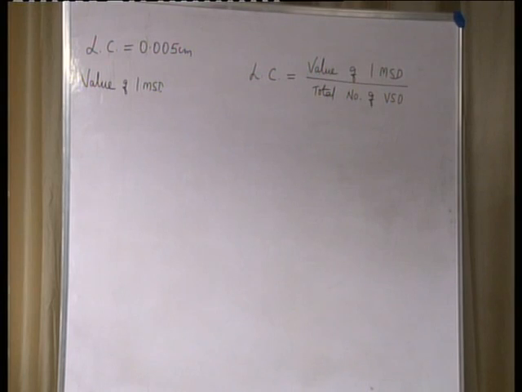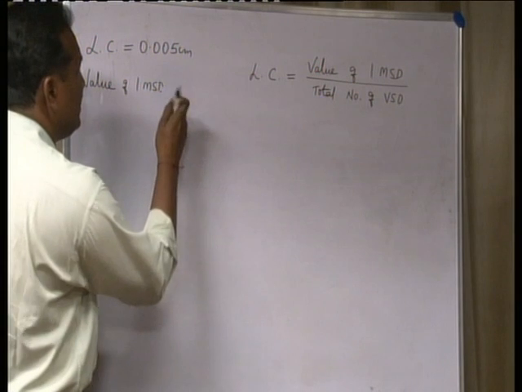You have to take 0.005 centimeter as the least count, where the main scale is divided in mm, so the value of 1 MSD is 1 mm. Compare this with the previous problem, where the main scale is divided in half mm, so there we took the value of 1 MSD as 0.5 mm. Here the main scale is divided in mm, so the value of 1 MSD is 1 mm.